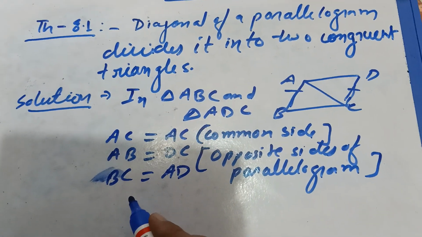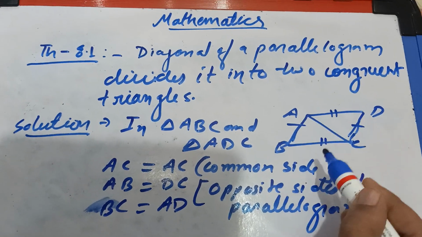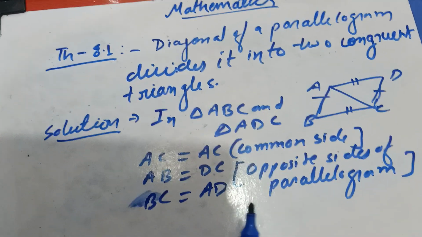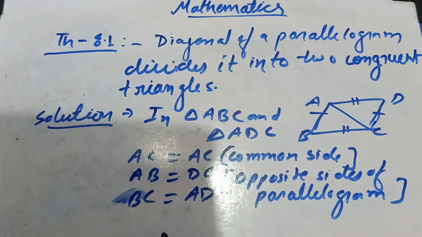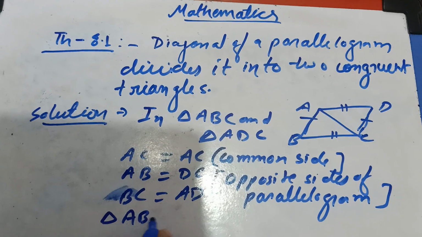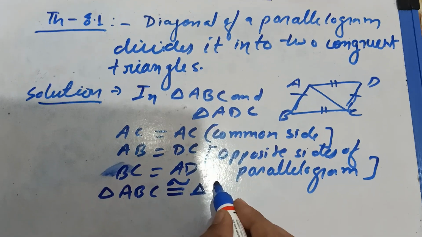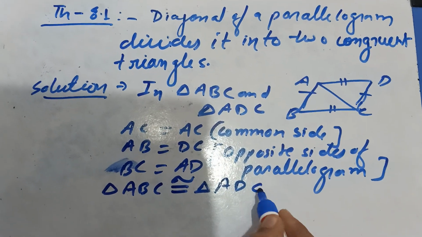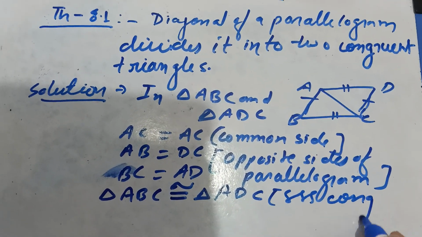You can see here easily that one side is common and these two sides are the same. It means all three sides are matching with the other three sides of the other triangle. It means triangle ABC is congruent to triangle ADC by the SSS congruency rule.